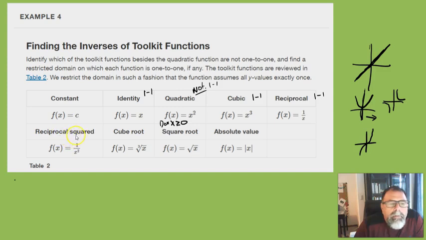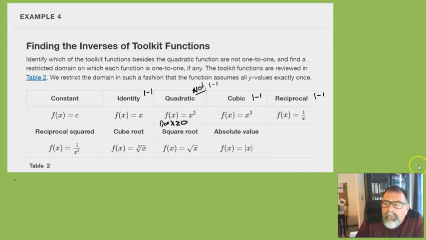Okay, the reciprocal squared, that one's not one-to-one because if you recall, the graph of the reciprocal squared is something like this, and it's going to fail the vertical line tests.